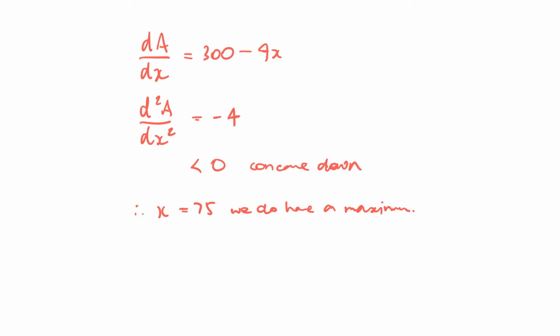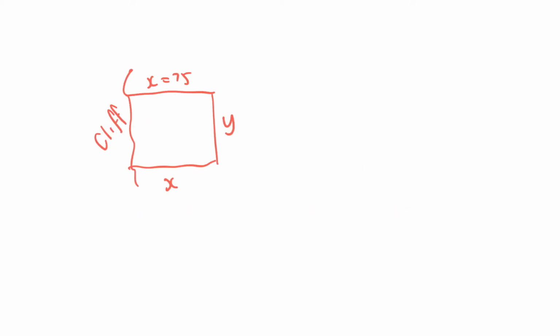Okay, so we've now found the value of x in that scenario. Let's go find the value of y and finish this problem off. Okay, so I'm going back to the thinking of my very top of the page now, where I drew that nice little picture. Now when x is 75, y is 300 minus 2 lots of 75.